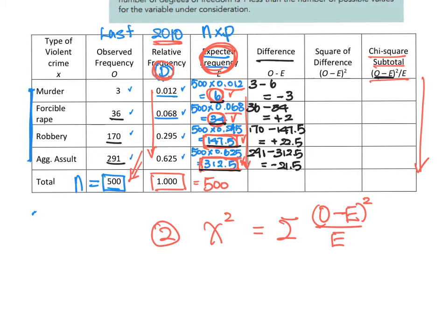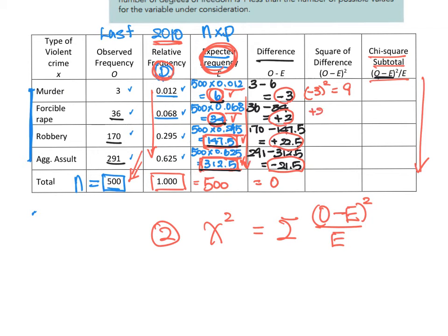Now when I take the sum of negative 3, positive 2, positive 22.5, and negative 21.5, as always, that will be 0. Then now we can take the square of the differences. Squaring negative 3 will be 9.